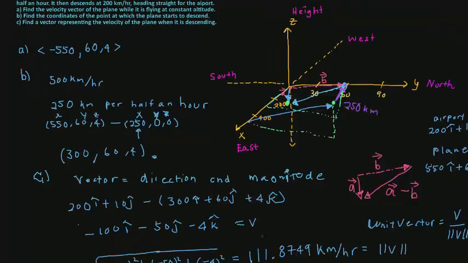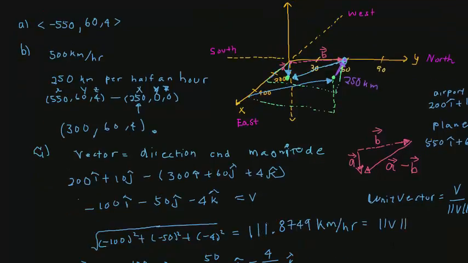And the number that we found earlier, the magnitude of v, was for this velocity vector, and this velocity vector is saying that at the point in time where it descended, it was at this speed.